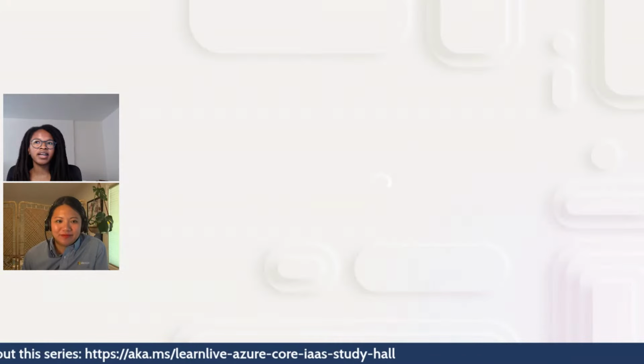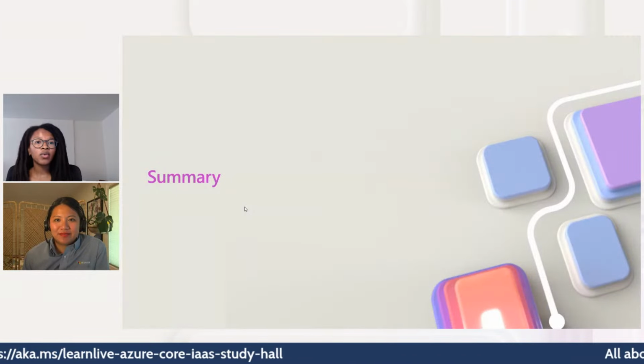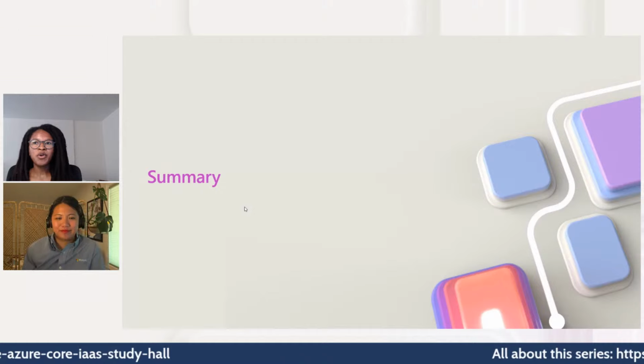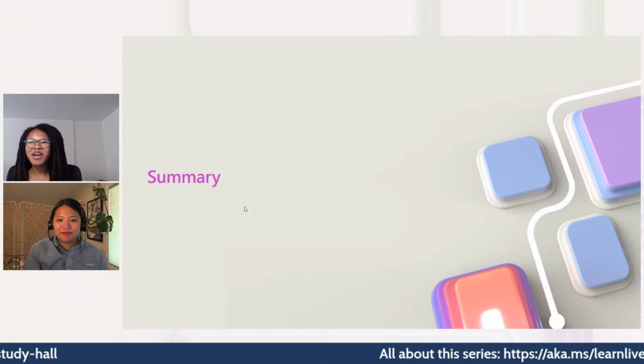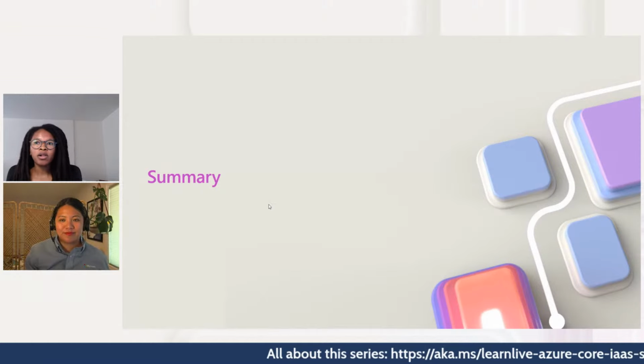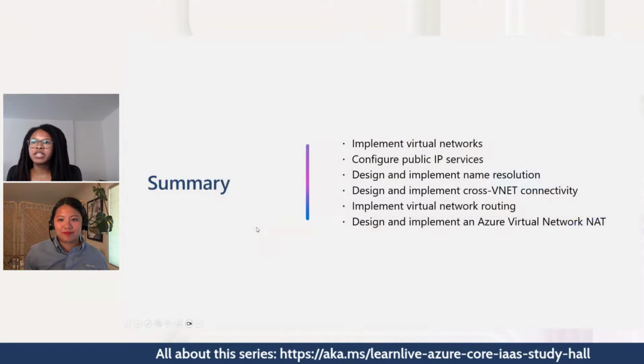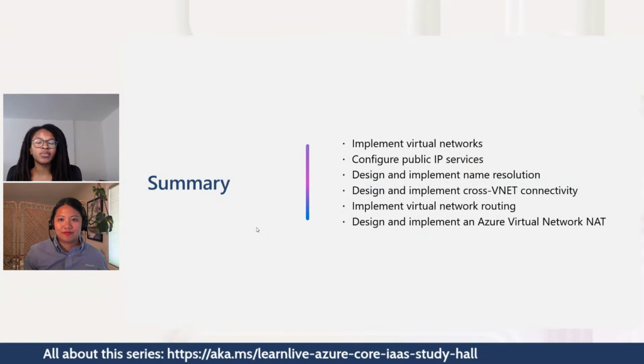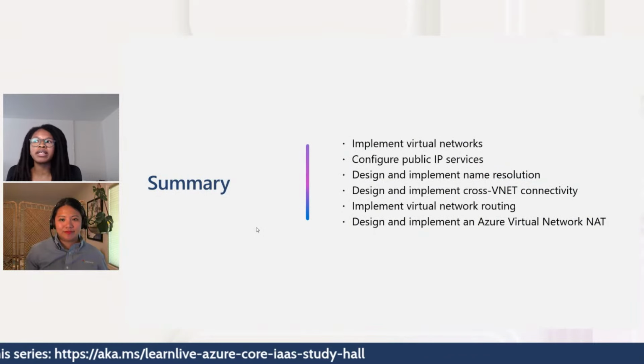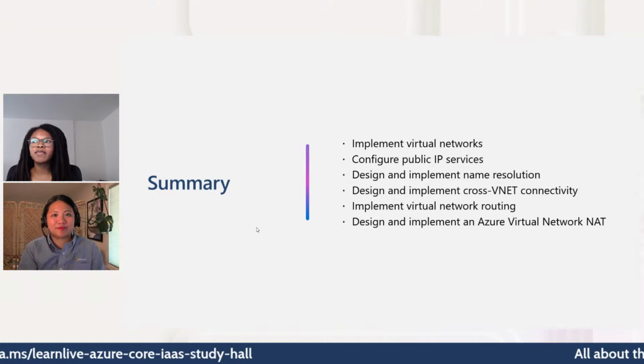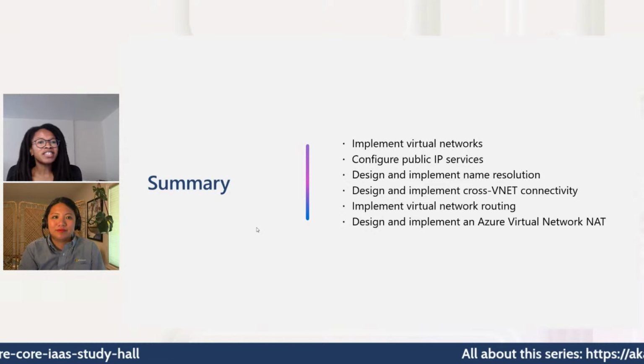Awesome. Thank you, Erica. And again, thank you all for taking the time to collaborate with us. I saw the comments responding on the poll. We did cover quite a bit of information as a nice review. We got started with an introduction to what a virtual network is. From there, we talked about some of the public IP services that are available.